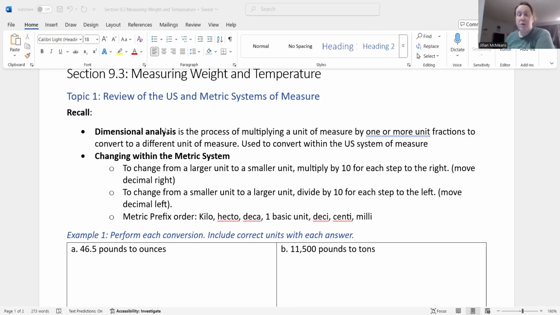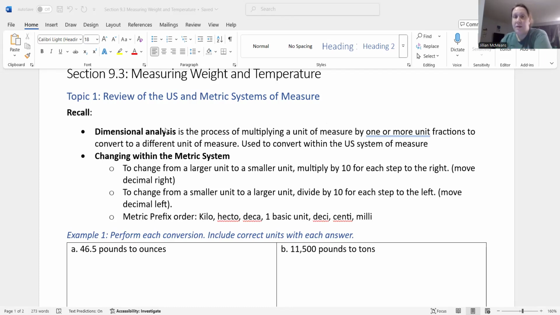All right. Now we do use dimensional analysis to convert within the US measurement system. So to convert from one US measurement to another US measurement, dimensional analysis. Okay. If we're converting between US to metric, so converting from one system to the complete other system, dimensional analysis is used as well.